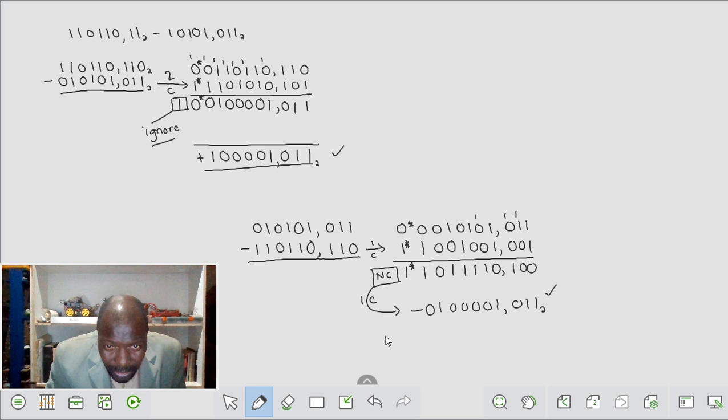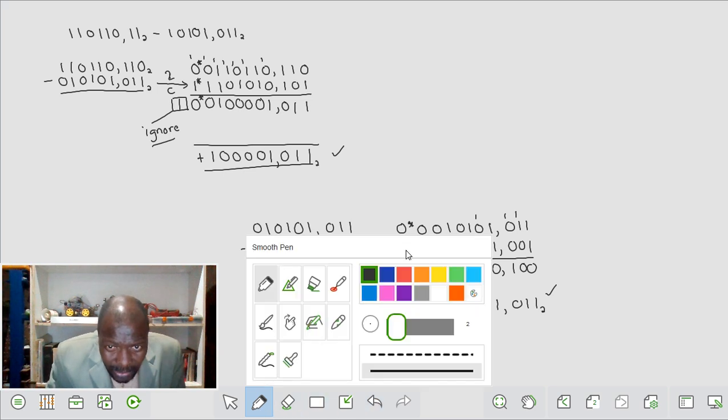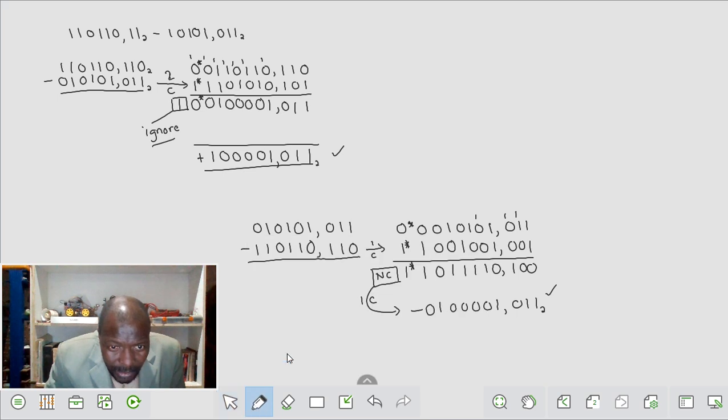Now the same would have been done here. If we're doing 2's complement, 10 would have stayed as is, so the last part there would have been 10. Once this was 10, this can't have been true anymore.